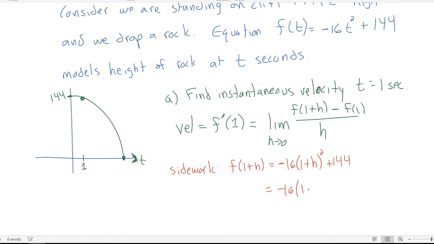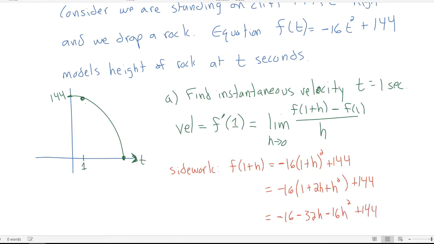I get 1 squared plus 2h plus h squared. Feel free to stop the video and FOIL that out. That would be the result that I would get. And then if I distribute here, I'm going to get negative 16, minus 32h, and then minus 16h squared plus 144.